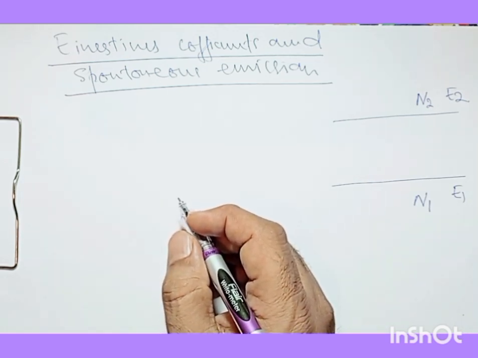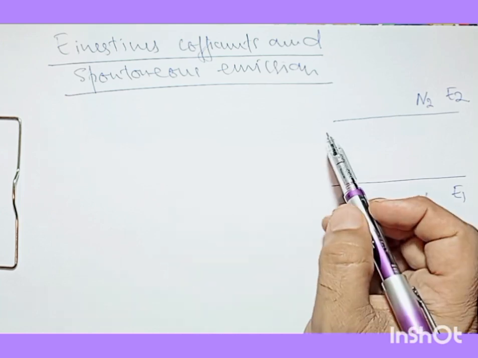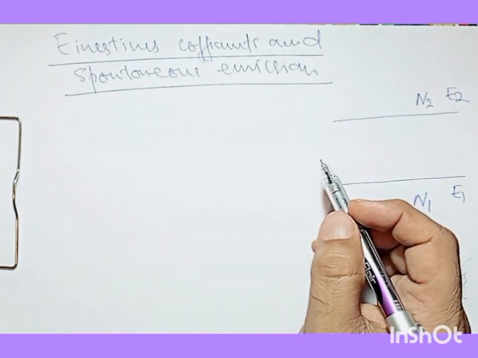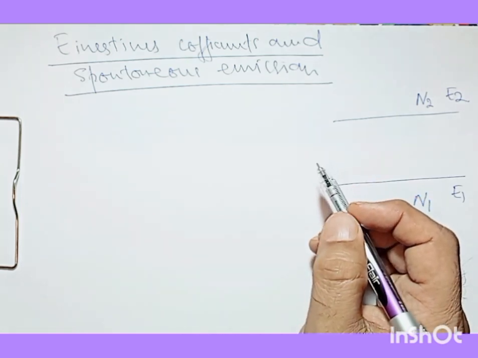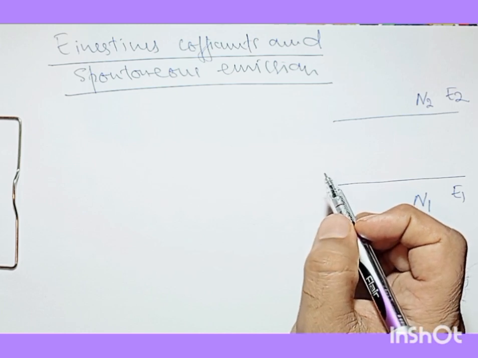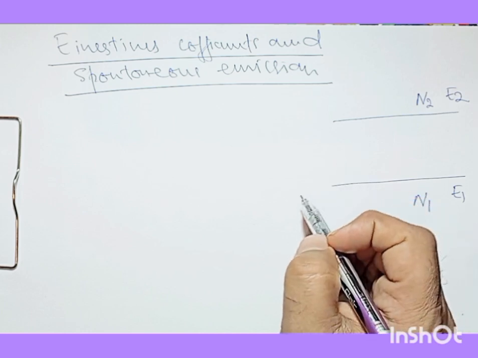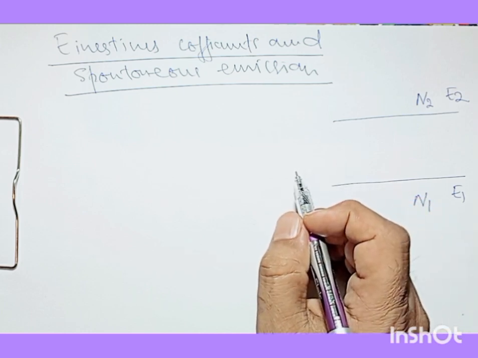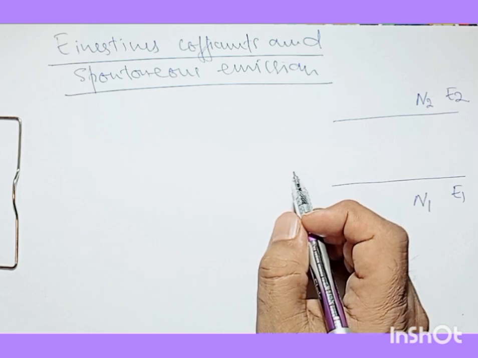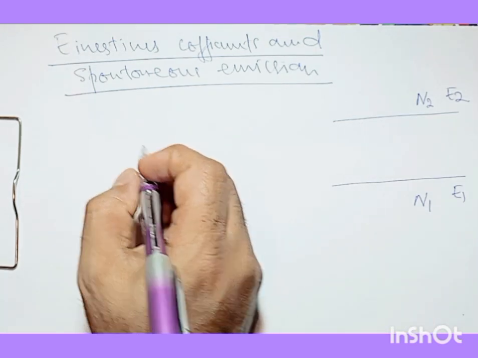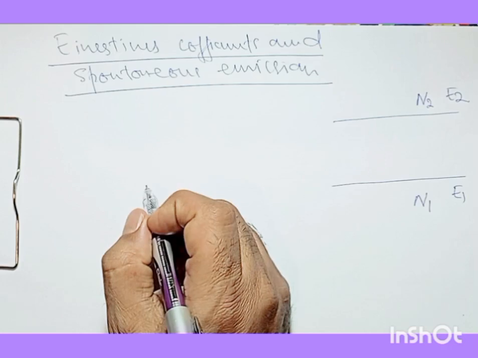Now, considering the matter in equilibrium with the radiation, and assuming that the resultant radiation must obey Planck's black body radiation law, what Einstein basically did was introduce coefficients, and these coefficients are known as Einstein's coefficients.